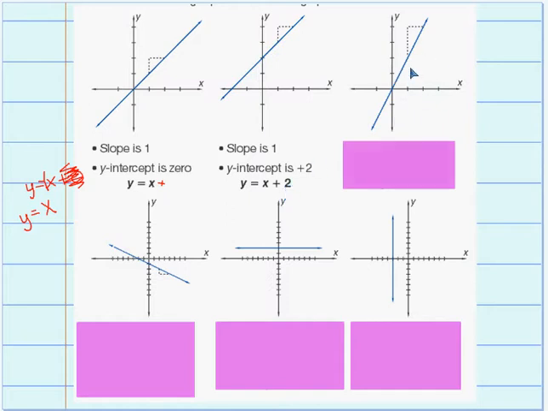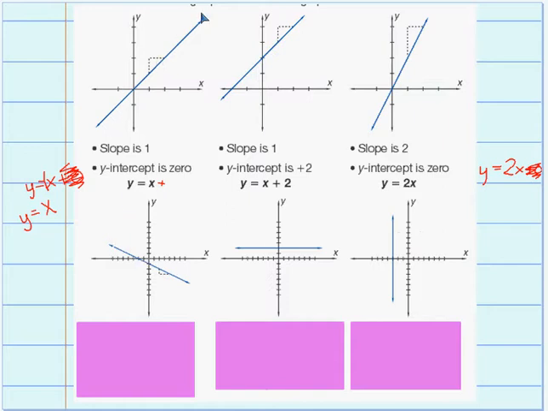The third graph, again, we are crossing at y equals 0, and our slope is up 2 over 1, so our slope would be 2, and so you would have y equals 2x. Again, this one would be y equals 2x plus 0, but we don't need that plus 0, and that's why we get just 2x.